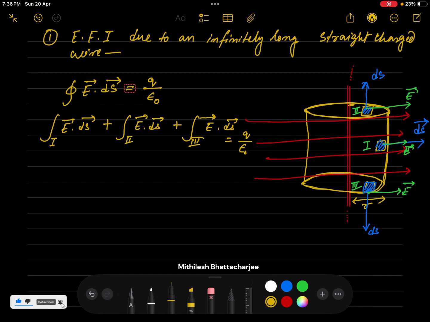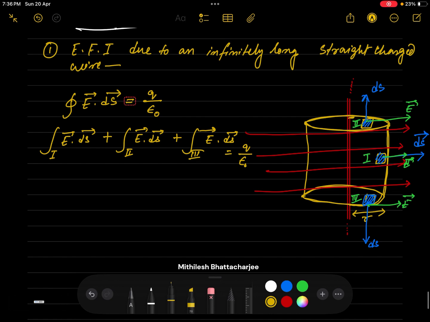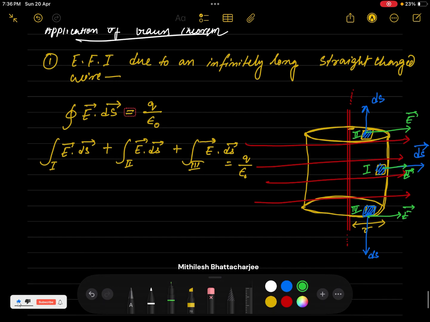This is the straight charge wire. The total charge is q, and the height is h. The linear charge density is lambda.